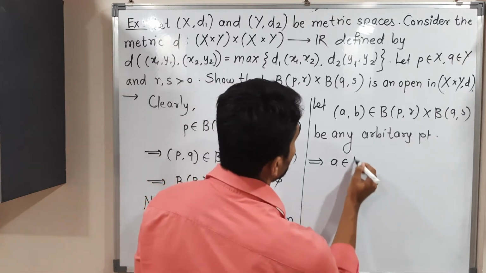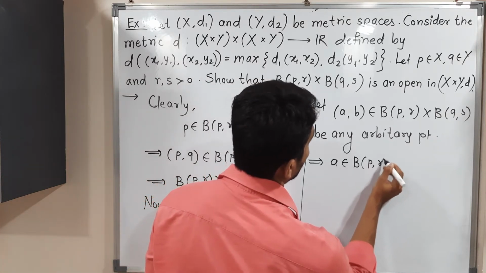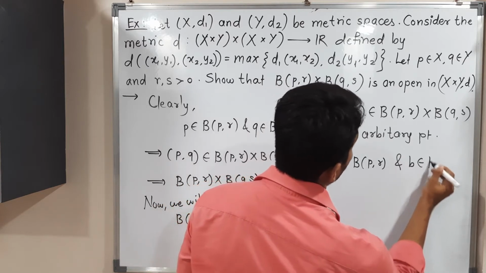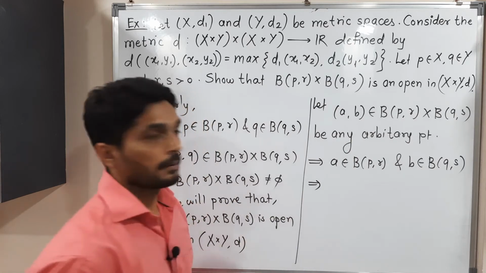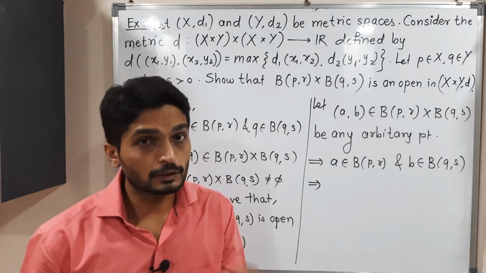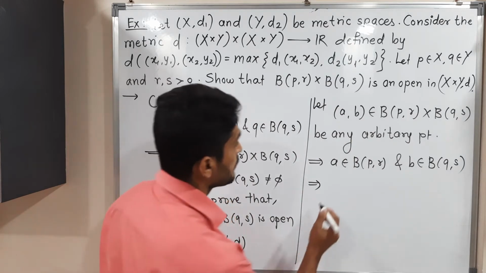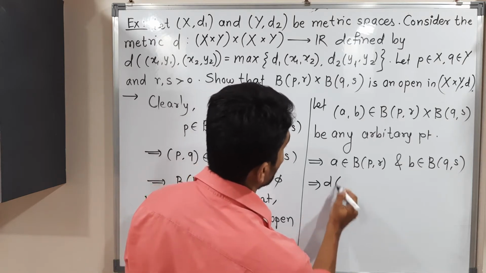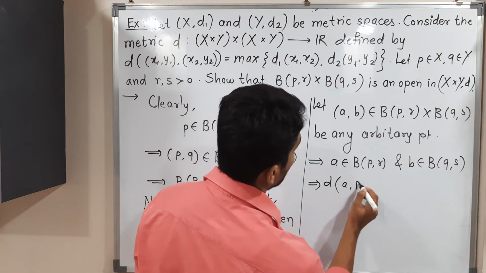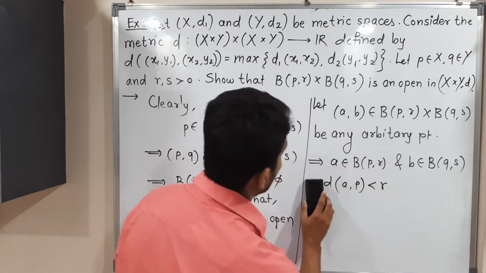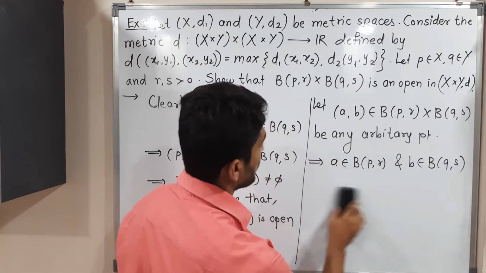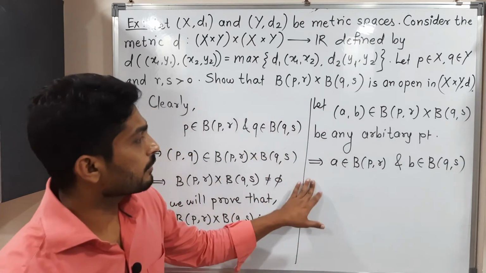So A belongs to B(P,R) and B belongs to B(Q,S). This implies point A lies in the first ball, so the distance between A and P is less than R. Just a minute, just a minute.